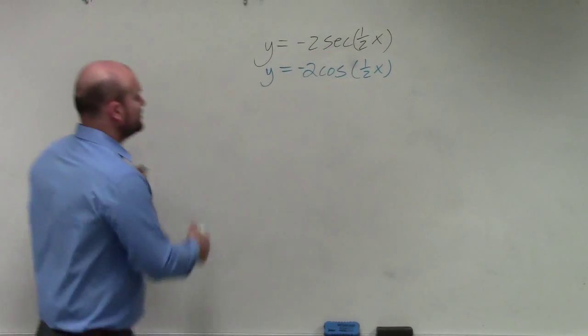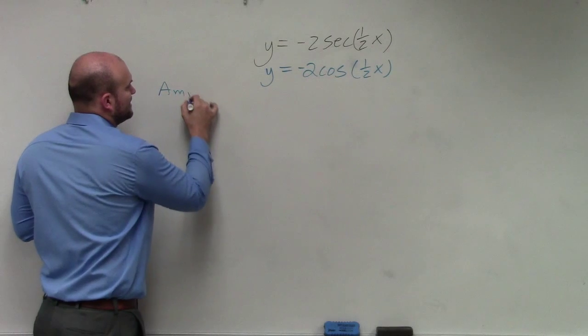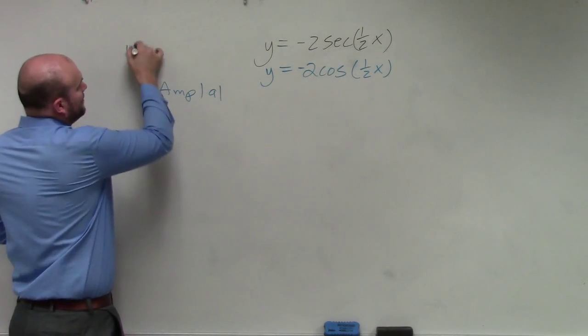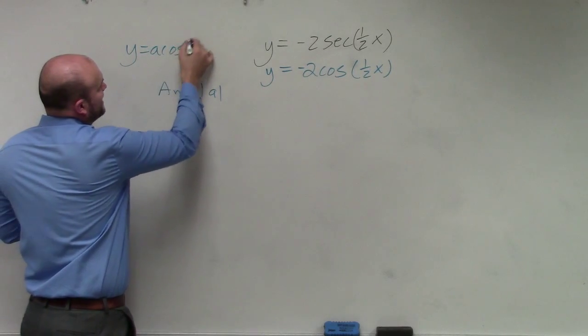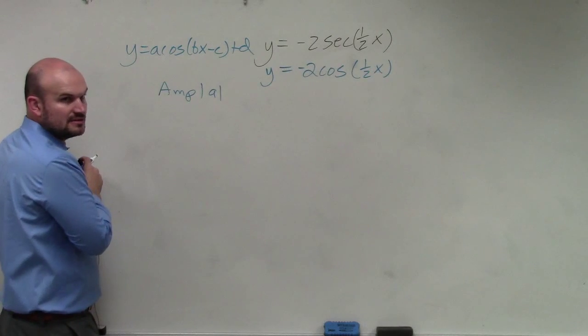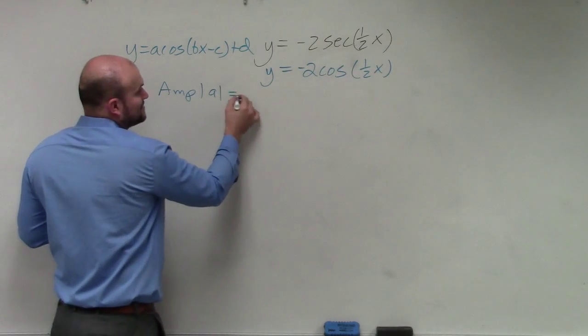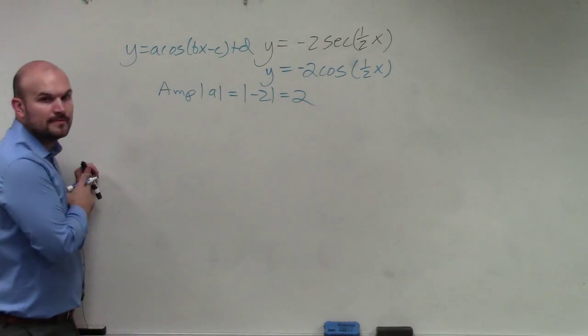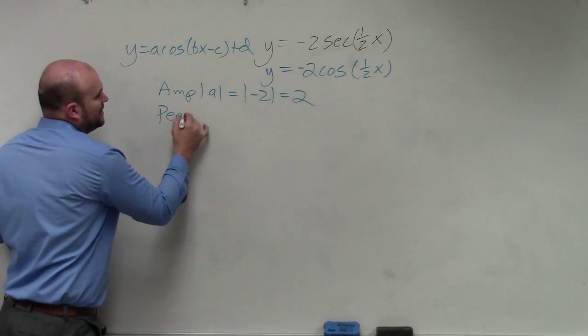To do this, first thing you do is determine the amplitude. The amplitude is the absolute value of a. Remember, y equals a times cosine of bx minus c plus d. Amplitude is absolute value of a, so absolute value of -2 equals 2. The next thing is to figure out the period.